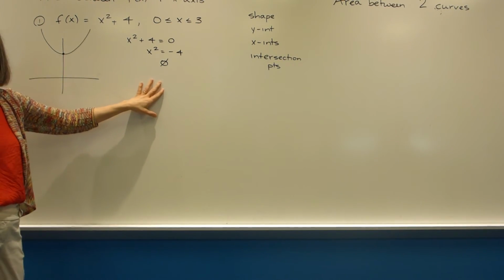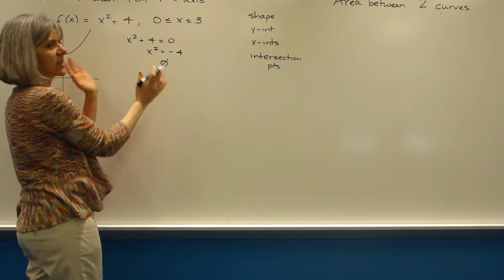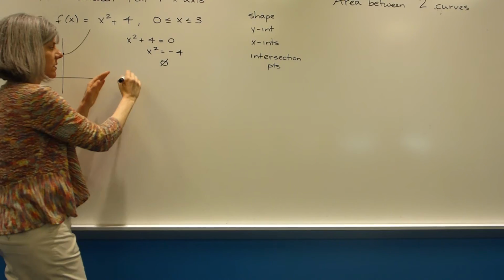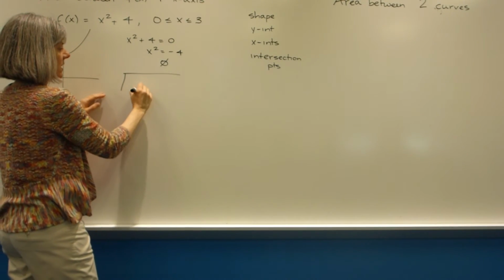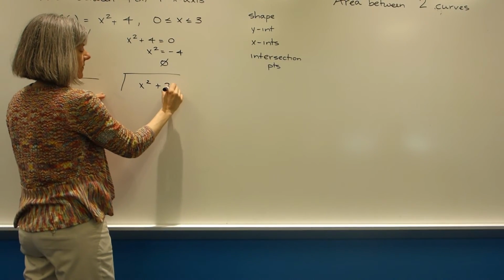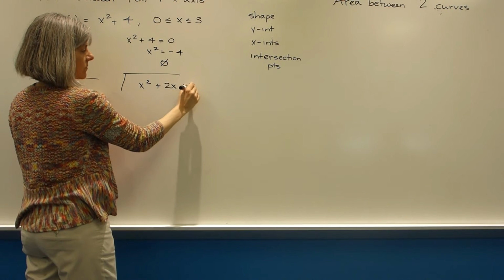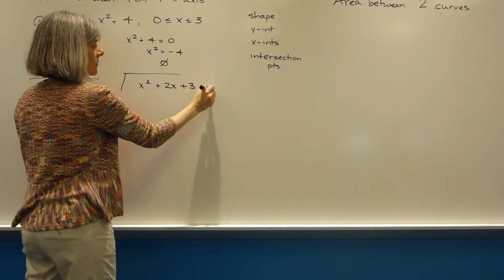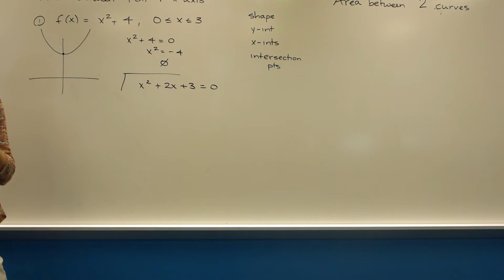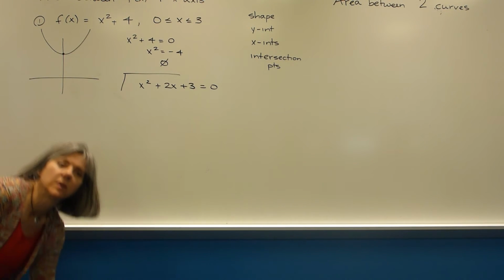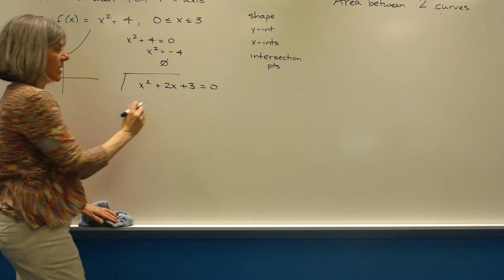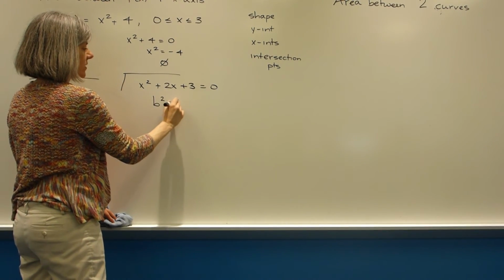The other way that you can tell is this: let's say you had something with a middle term. This is a totally different example. Let's say you had this, and you're not sure if it factors or not. What's one thing you can do that will always let you know? Take the discriminant. Exactly. B squared minus 4AC.